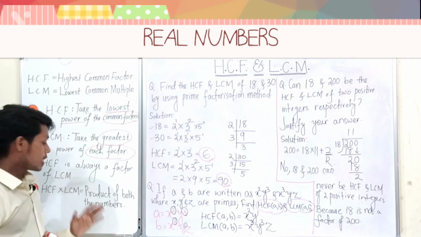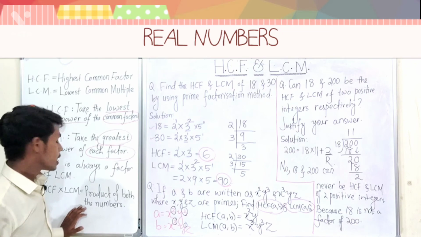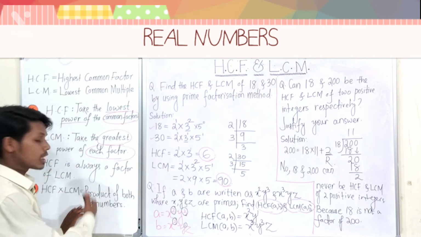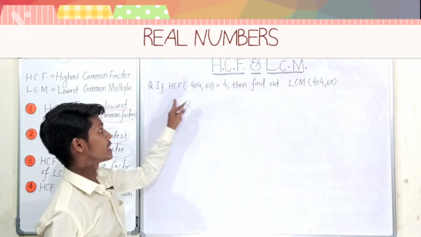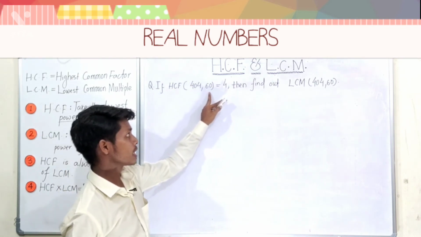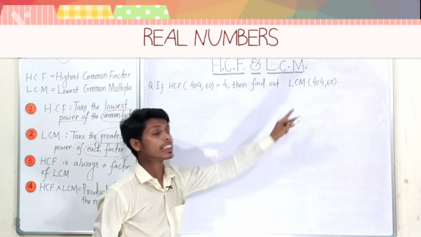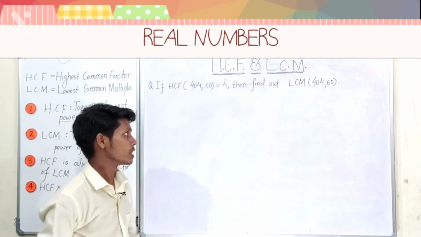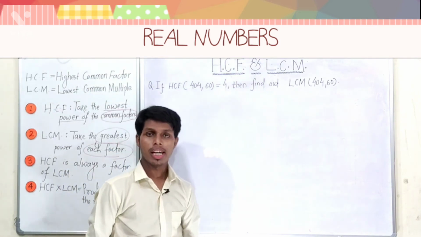Okay, so now let's see how questions can come from this concept and how we will deal with them by using this concept. The question would be like this: if HCF of 404 and 60 equals 4, then find out LCM of 404 and 60. So two numbers are given and HCF is given, you have to find out the LCM.